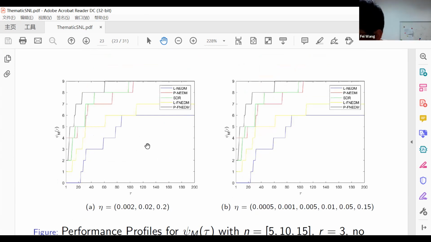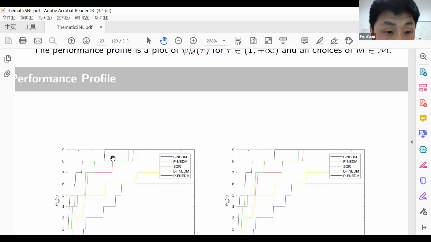What's the performance profile? I think the LEDM is the best, right? In a performance profile, the one that's on top is the best. Or let me check.